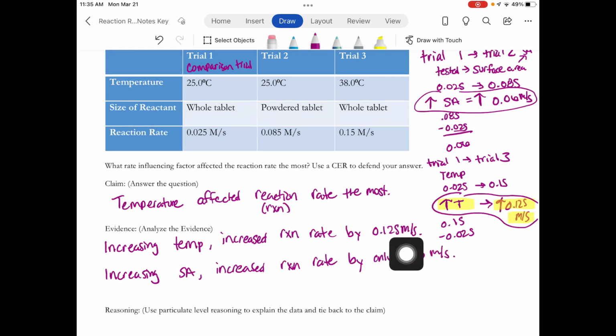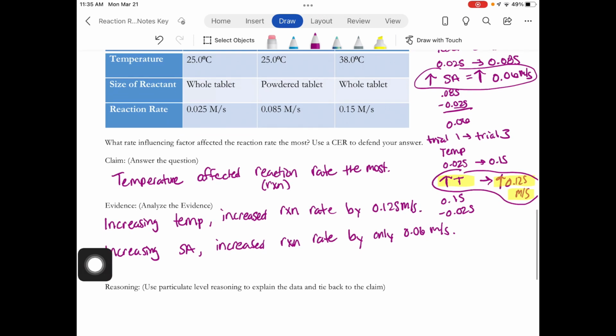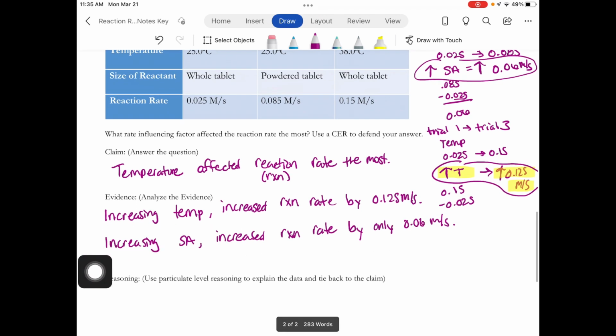So since this one is bigger than the 0.06, it affected it more.